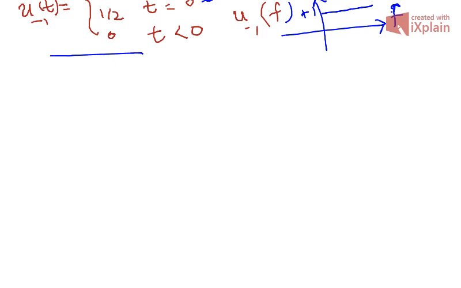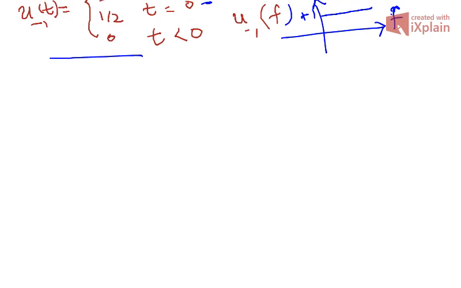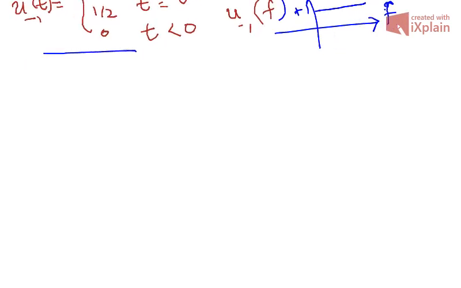Actually, if you observe your Fourier table, you have the Fourier pair. If you see the Fourier table, you have cos of 2 pi f naught t. It has a Fourier pair, and what is the Fourier pair of this one?